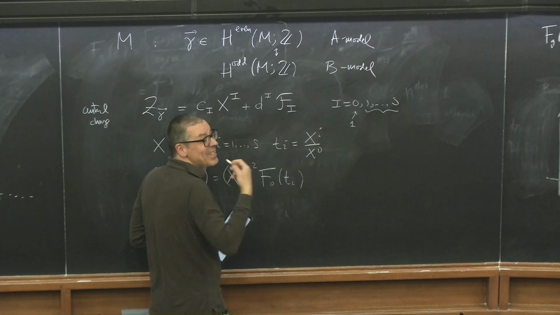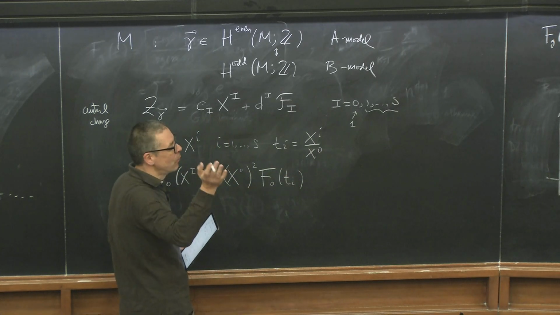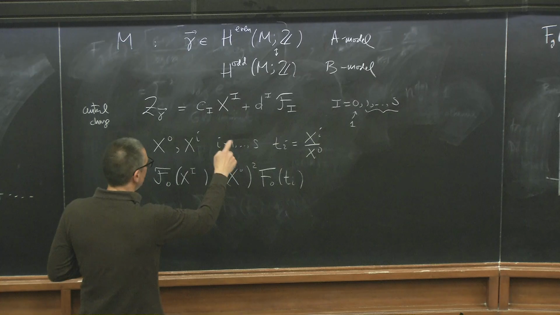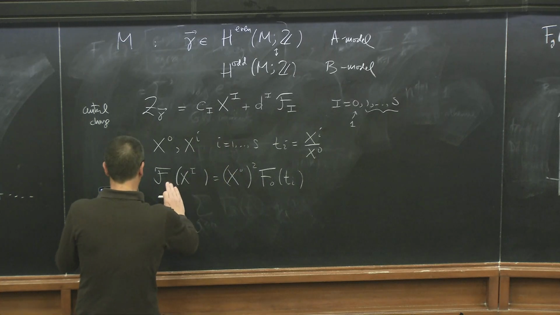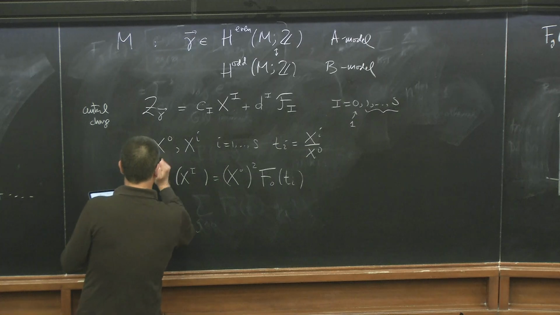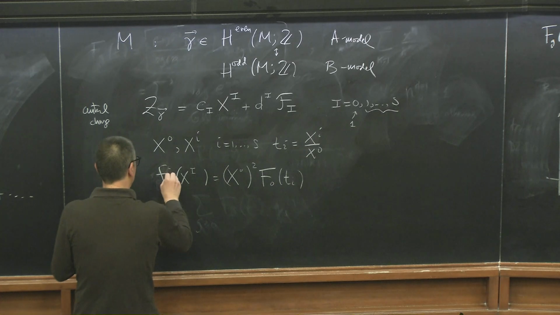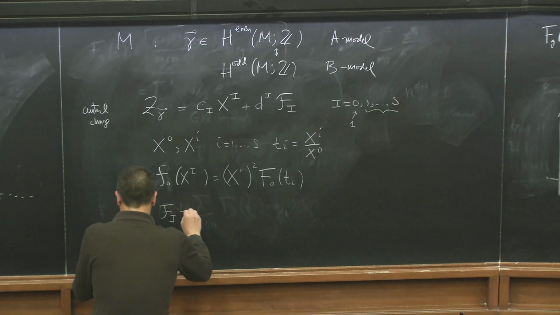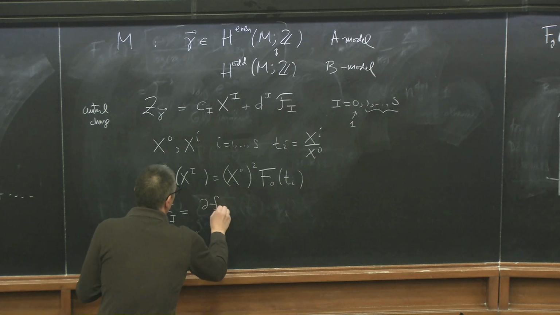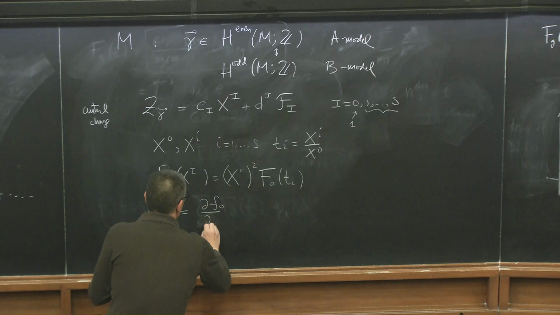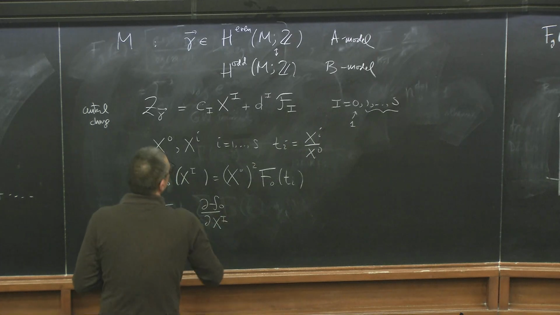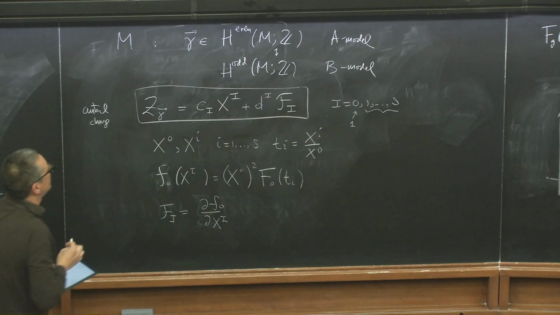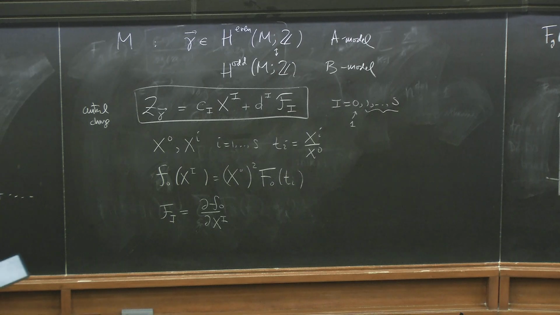So we need an extra coordinate for D0 branes and for D6 branes. And this is the role of this x0, and also of, let me call this f0 here, okay? And now the fi's are just the derivatives of f0 with respect to xi, okay? So these are the quantities that calculate central charge in generic Calabi-Yaus.